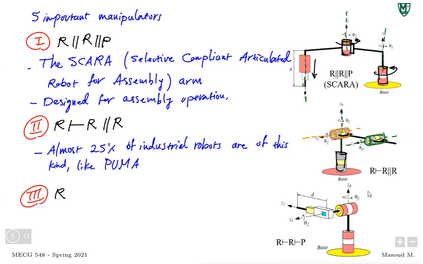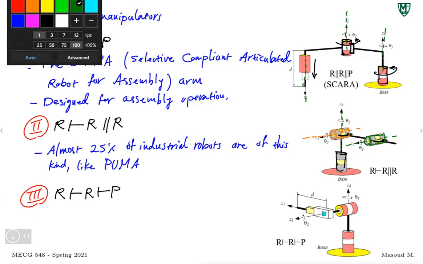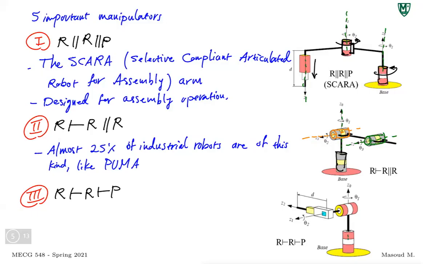Now we have 2 revolute joints orthogonal, and then we have a prismatic joint that is orthogonal with respect to the revolute joint next to it. So it's R, orthogonal, R, orthogonal, P. Now hopefully you see it there. If this is the axis for the first joint, this is the axis for the second joint, and this is the axis for, let me use a different color, the third joint.